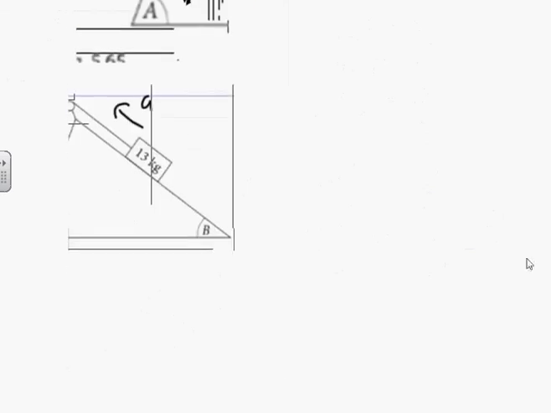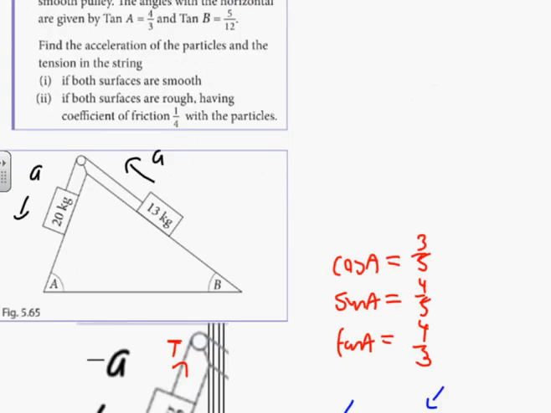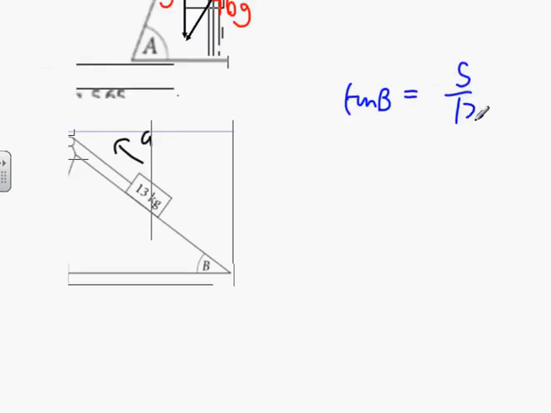Now, what do you think about this, guys? What's tan B? I think it's 5/12, was it? Tan B is 5/12. That is a 5, 12, 13 triangle. So sin B is going to be, using Pythagoras' theorem, obviously 5/13.